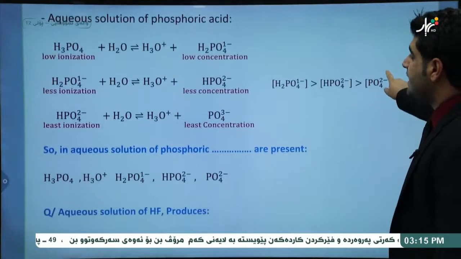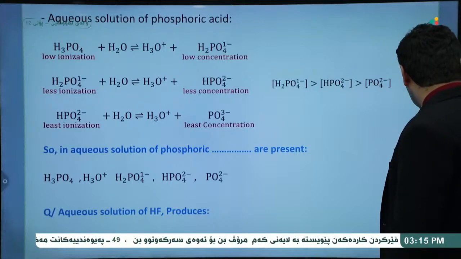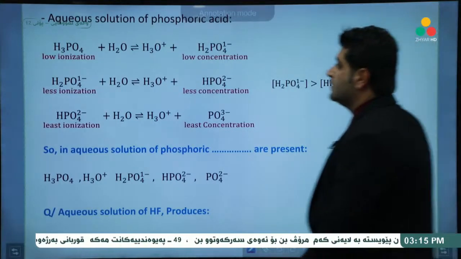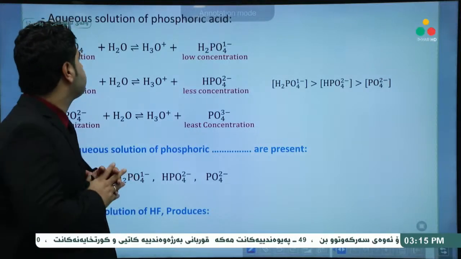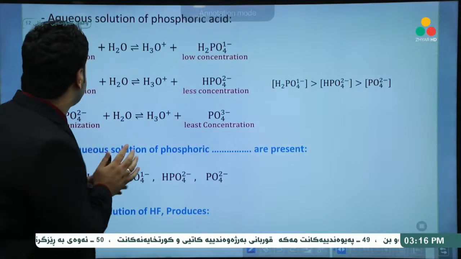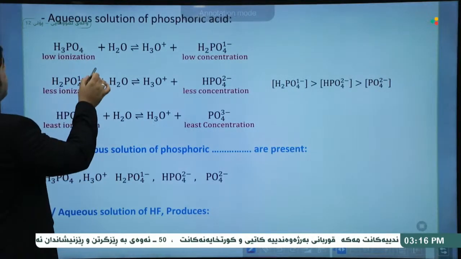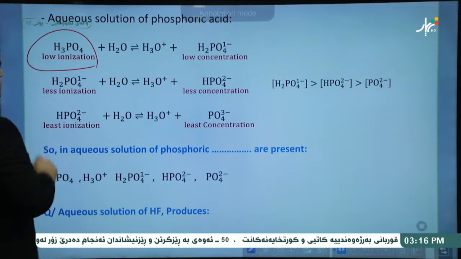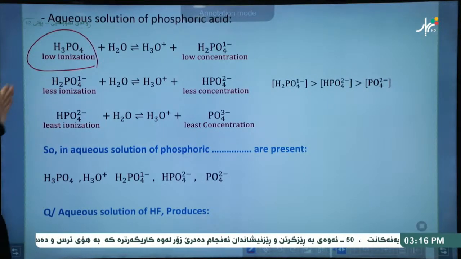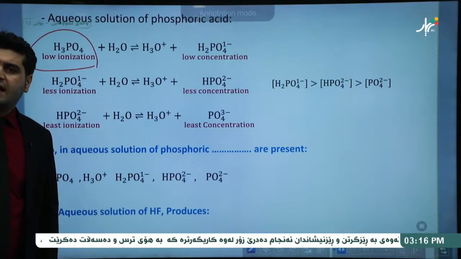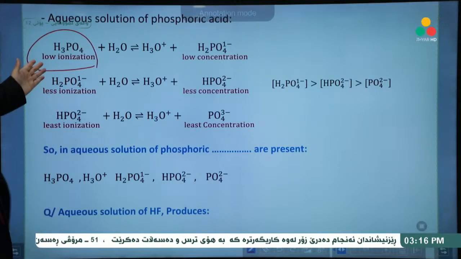Another one is really important: the aqueous solution of phosphoric acid. Phosphoric acid is a triprotic acid. Well, teacher, I remember that you told me the first step always has high ionization, but why does it have low ionization here?